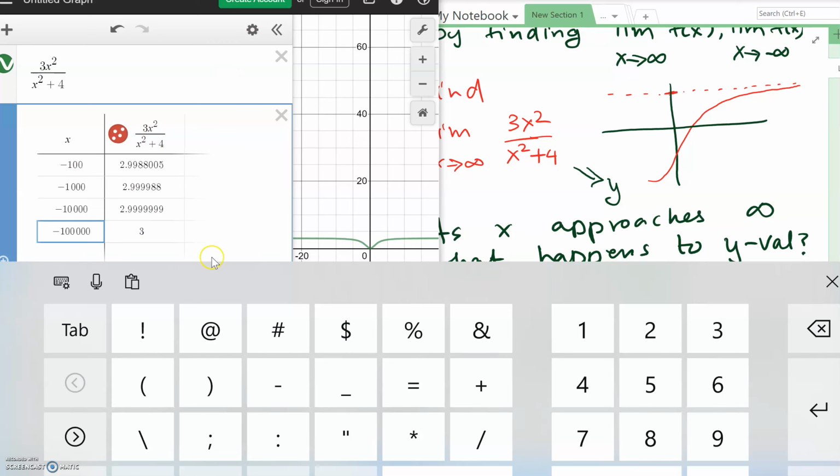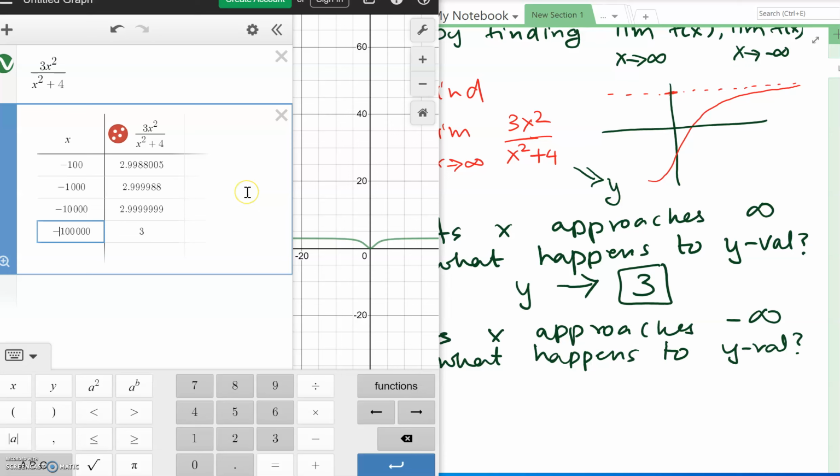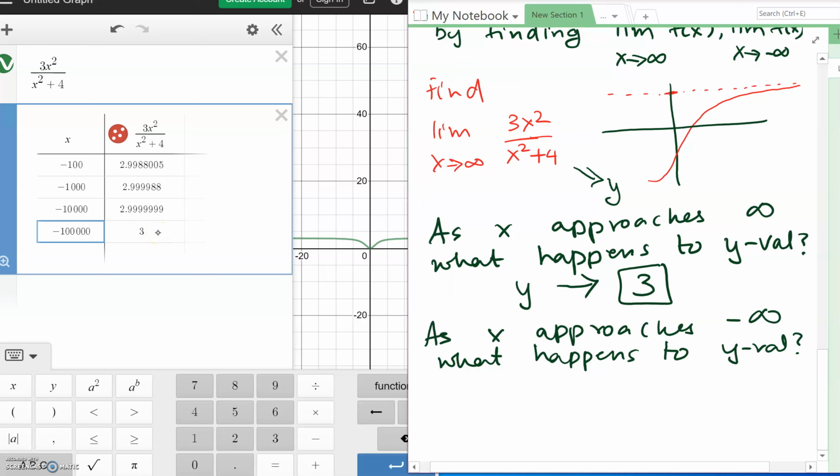I can see that even on the negative side, I've chosen values negative 100, negative 1000, negative 10,000, and negative 100,000. So x is approaching negative infinity, but the y value is approaching 3.